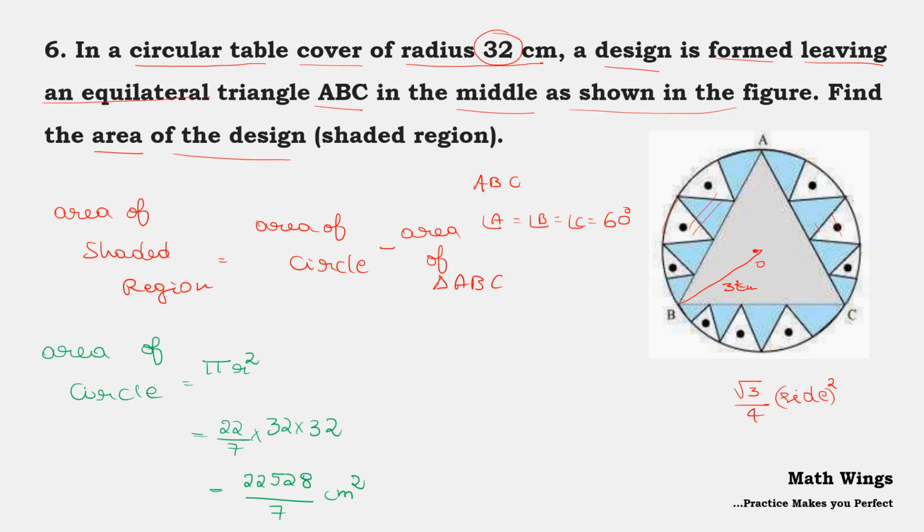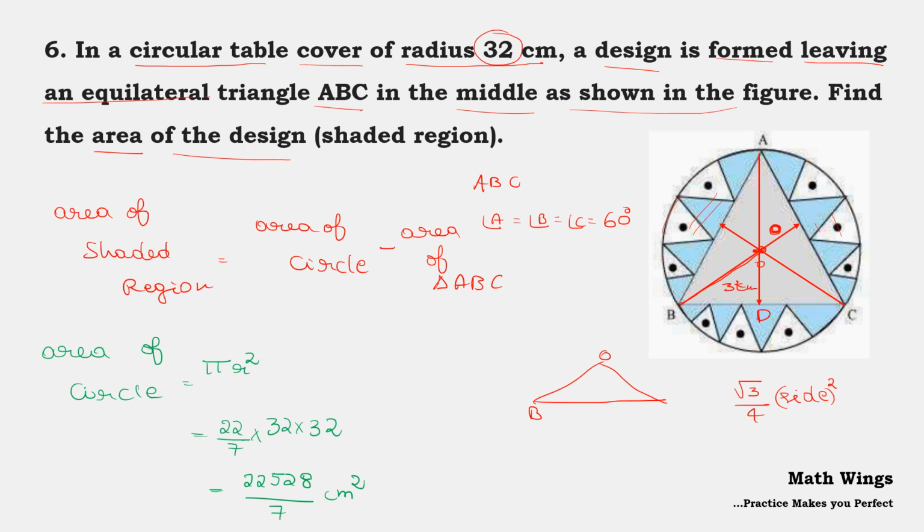What we can do is draw the perpendiculars from the points A, B and C. It becomes like this. Therefore, here I have a center point, that is O. Now, observe the triangle OBC. If you observe this one, what is the angle here?